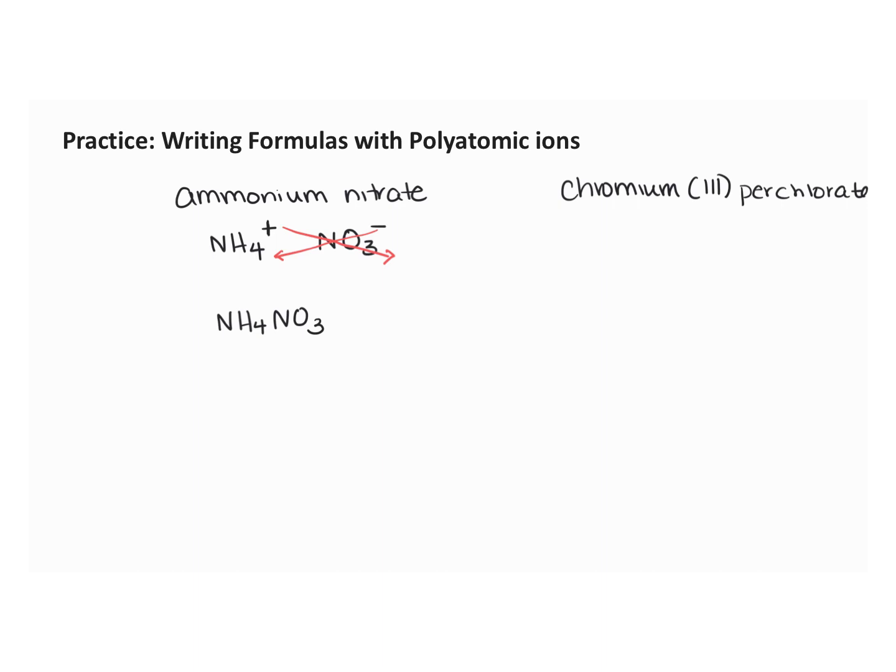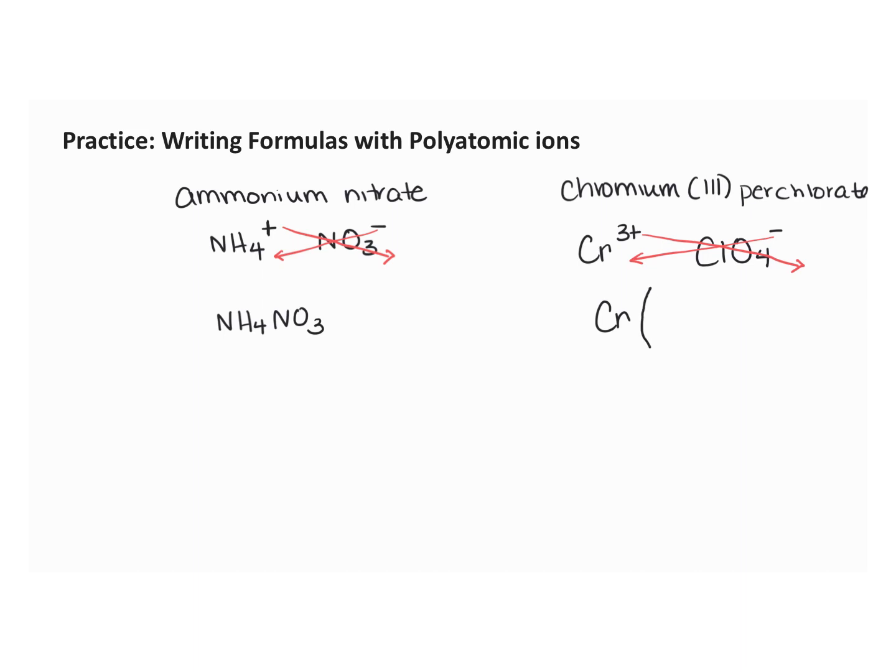When we look at this, it's got a Roman numeral, and so that's really helpful. That tells us, hey, look, it's going to be chromium 3 plus. And then when we look at perchlorate, we've memorized perchlorate, and so we know it's ClO4 minus. So when we go here to crisscross, right, we end up with 1 chromium, but we are going to have 3 perchlorates.